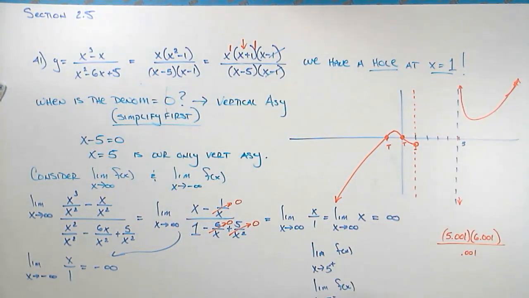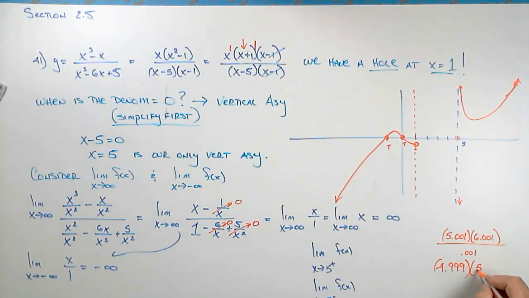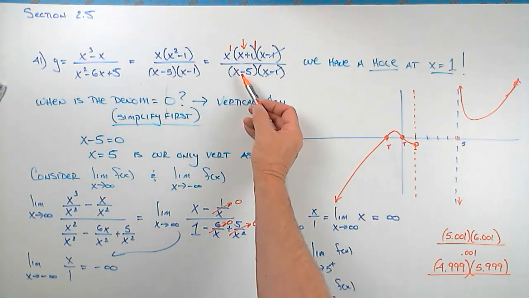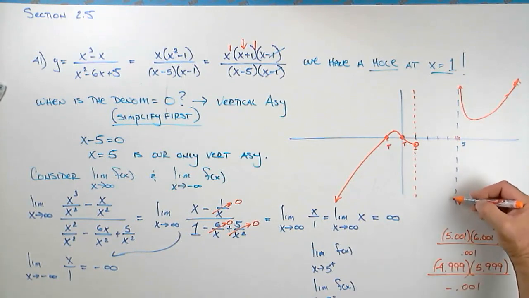And what happens on the other side? We'll plug in a number like 4.999. Plus 1 is 5.999. Positive and positive, but down here we have 4.9999 minus 5, negative, which means it has to go down.